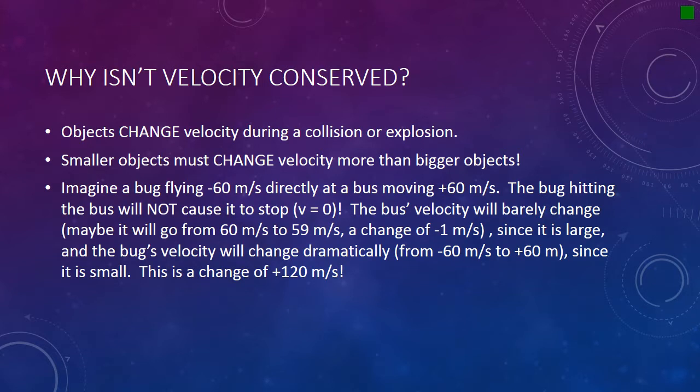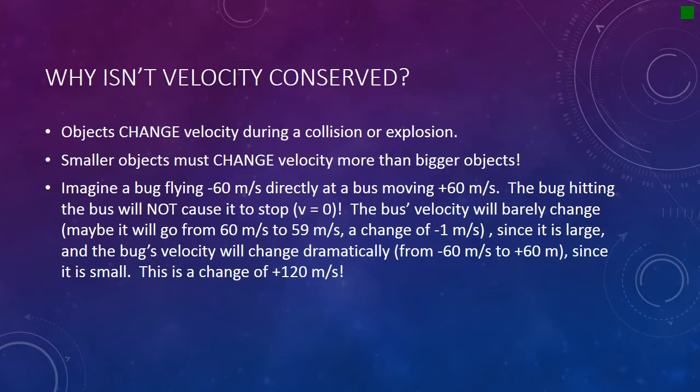So imagine a bug, and it's flying 60 meters per second in the negative direction at a bus that's going 60 meters per second in the positive direction. The bus and the bug will not change velocity by the same amount. A bug hitting a bus will not cause it to stop. The bus's velocity will barely change because of its relative mass. It might go to minus 59 meters per second, but that's only if it's either a very small bus and a very large bug.